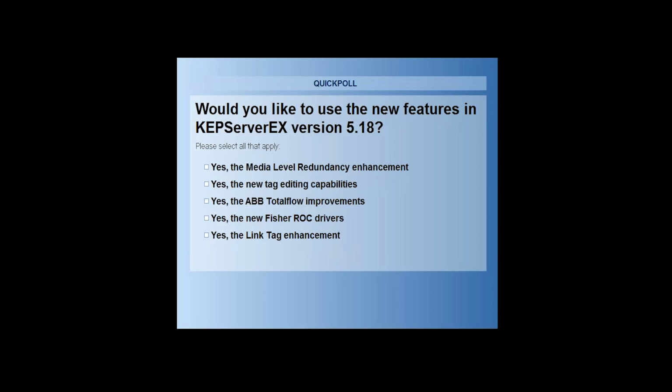So let us know what you're going to use, and that'll be good info for us for the future for prioritizing maybe future enhancements and developments. So again, leave that poll question open. And if you're not going to use anything, you don't have an option, so you can just not vote. We'll leave that open for about 10 more seconds.